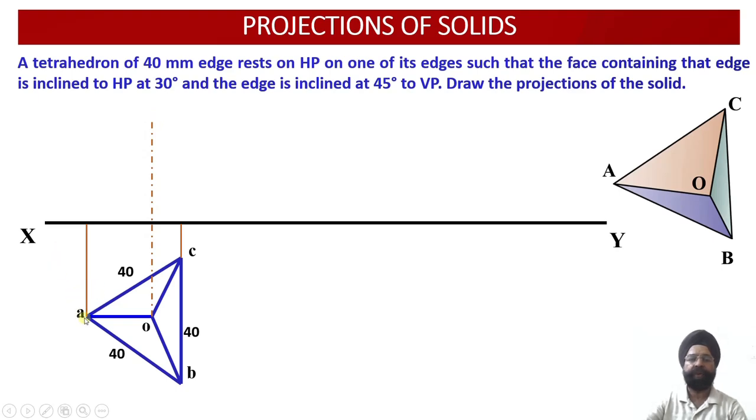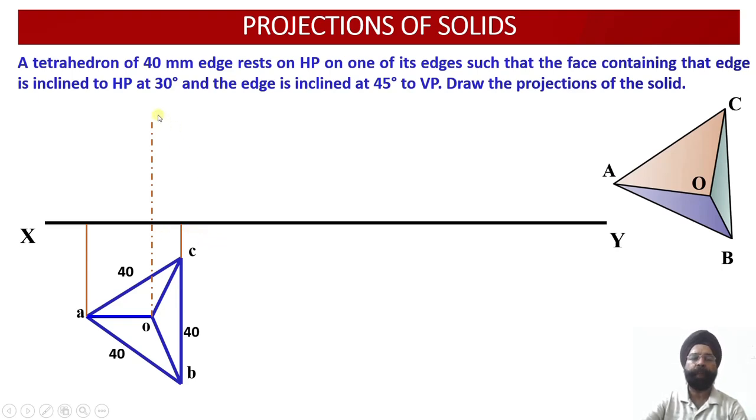Similarly, I am also going to draw the projector through A, and since the base ABC is perpendicular to the vertical plane, the projection of point A will be available on the vertical plane as A dash, because this base happens to rest on the horizontal plane. This point will be A dash, this point will be B dash, and again C dash will be there. The projections through B and C will provide me B dash and C dash over here.